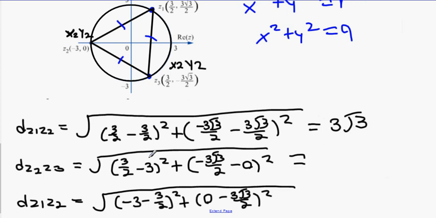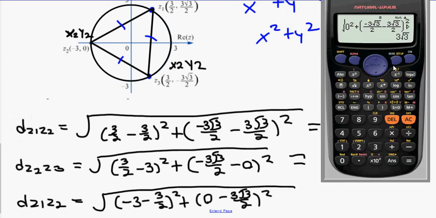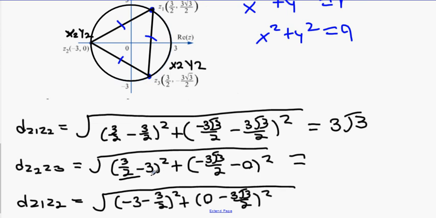Then we try another one, just change it around. So this time it's going to be 3 over 2 minus 3 for the squared sign. This time I'll just square root the answer afterwards. So I'm just going to do what's in the bracket first and then square root the answer.